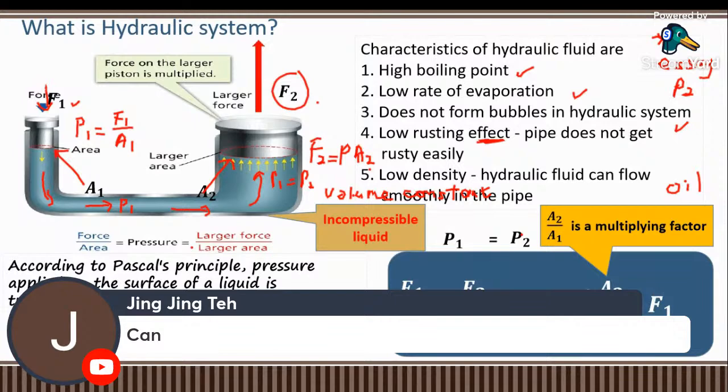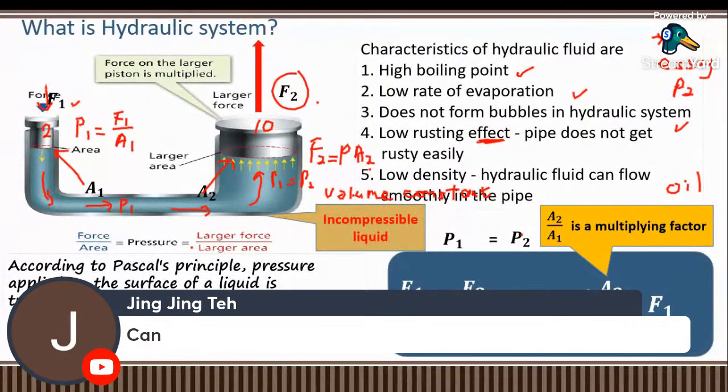So what is this A2 over A1? The ratio of pistons. This one represents the multiplying factor. Let's say the area of piston here is 10 and the area of piston here is 2.